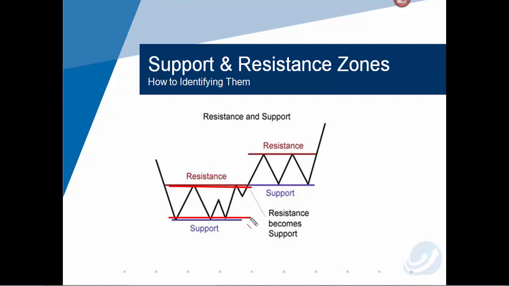Let's imagine that we actually broke through the ceiling. By breaking through the ceiling, this ceiling now becomes your floor, or your support area. On the flip side, let's say you actually broke through and went to the apartment below you. What was once your floor is now considered to be your ceiling.